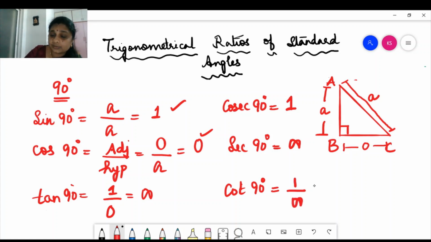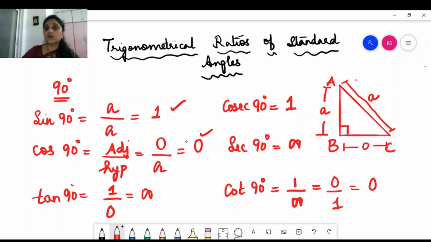That's nothing but 1 by infinity. Now, what is 1 by infinity? It's quite interesting, right? Something by 0 gives you infinity, so 1 by infinity is going to be 0 by something. Here it's 0 by 1, and you know very well that 0 by anything is going to give you 0. So the reciprocal of 0 is infinity, and the reciprocal of infinity is 0.